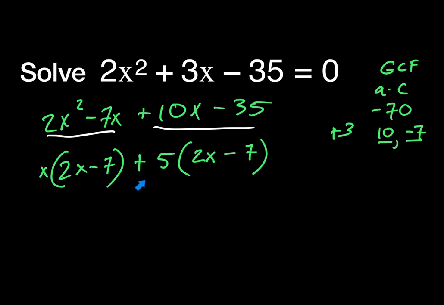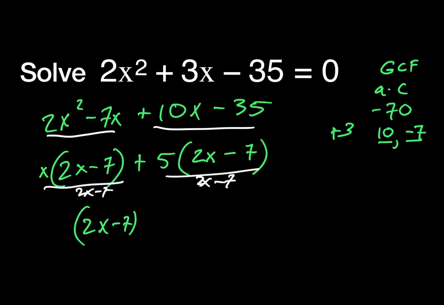And once again, if I've done factoring by grouping the right way, pick 2 numbers, they're the right numbers because they add to the middle term, I will find out that whatever I have in parentheses is the same. So if I factor 2x minus 7 from each of them, again, what we're thinking of is dividing. That's what factoring is. I'm left with x plus 5, and this whole thing equals 0.